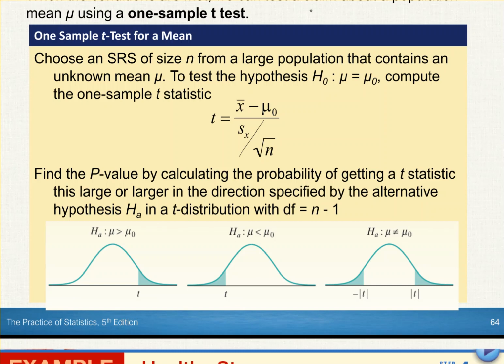Compute the one-sample t statistic using that formula. Remember, that's exactly the same as a z-score: the data point minus mu over sigma. Here our data point is our sample mean minus our population mean, which we base on the null hypothesis. We assume that to be true, so we let mu equal mu naught, and our standard deviation for a sample is s of x over square root of n.